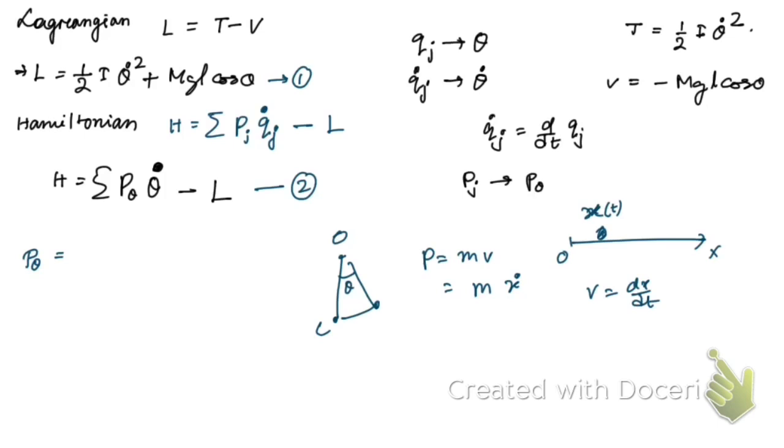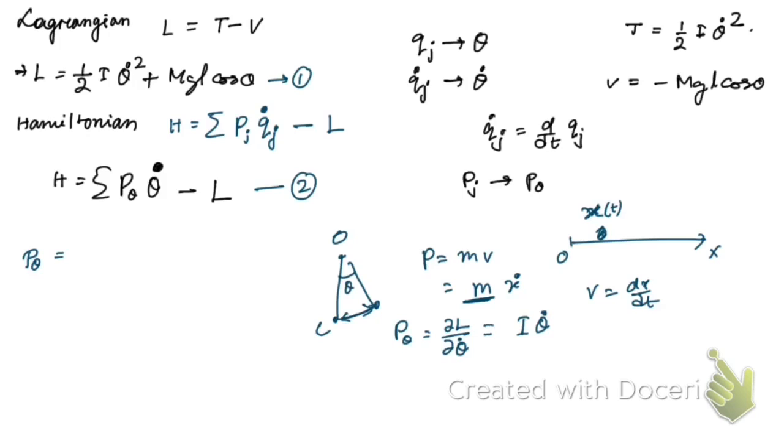So we write p theta, where the role of the mass is played by the moment of inertia, times the angular velocity theta dot. In terms of the Lagrangian, p theta is given by del L by del theta dot.